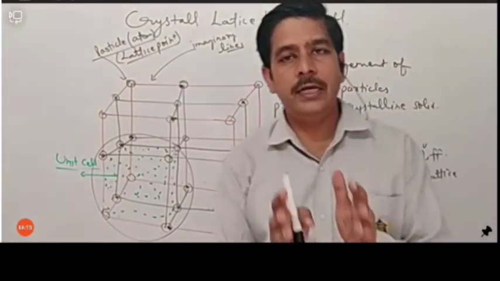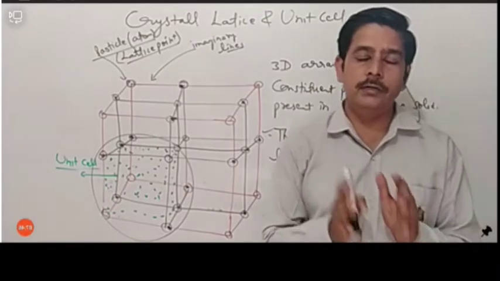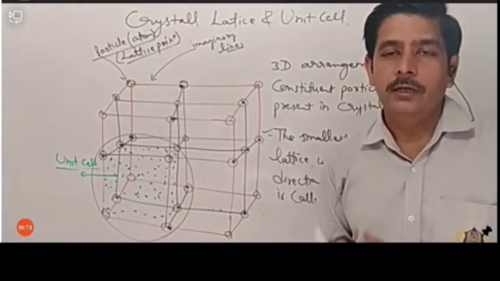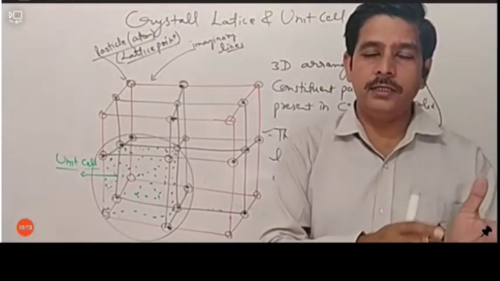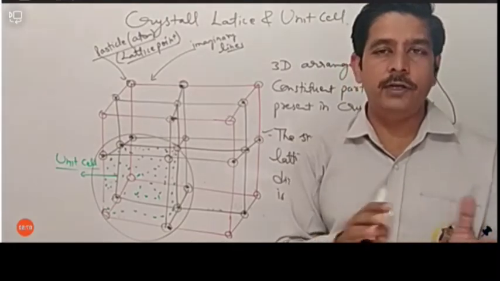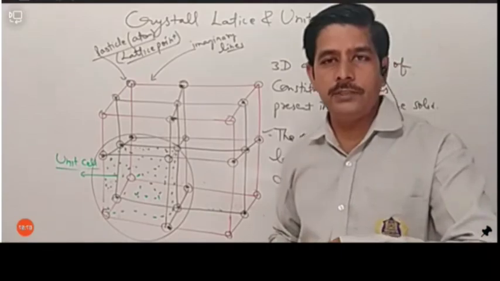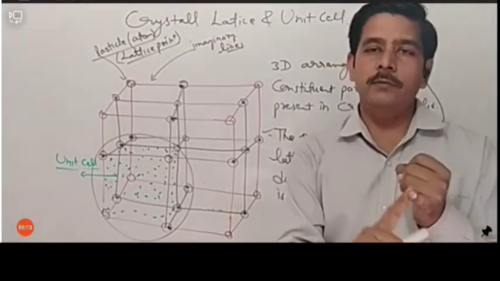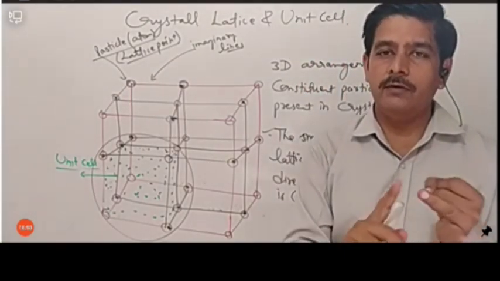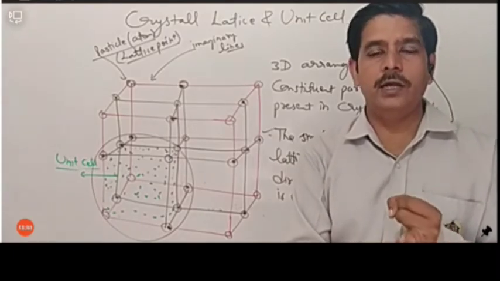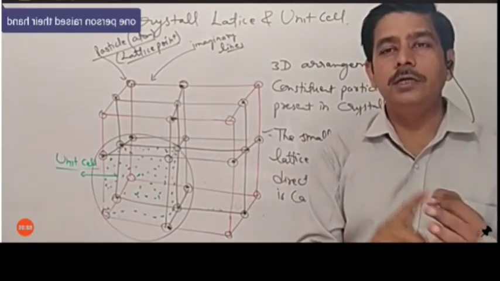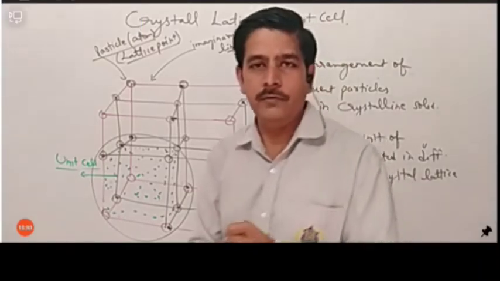If we find that the arrangement of the particles in the crystal is in a geometrical, regular and definite pattern, then we consider it a crystal. And other properties we also know: their melting point is definite, they have a charged surface when we cut them with a knife, and heat of fusion is also there by which we can find.